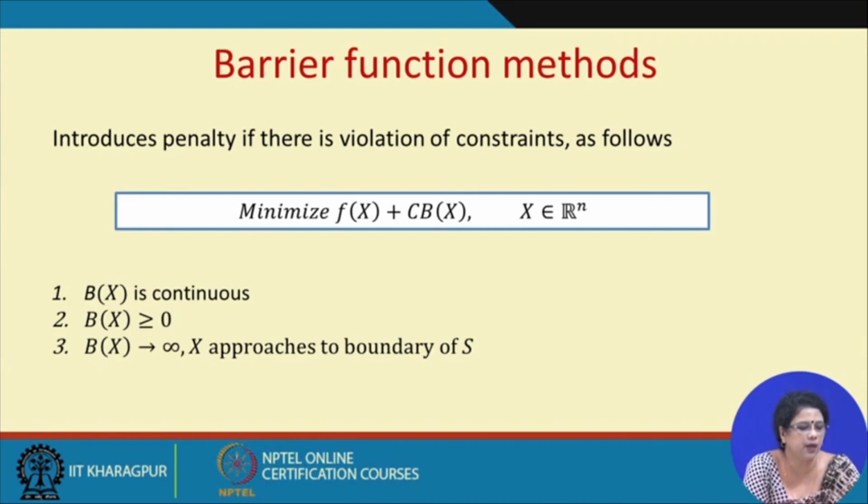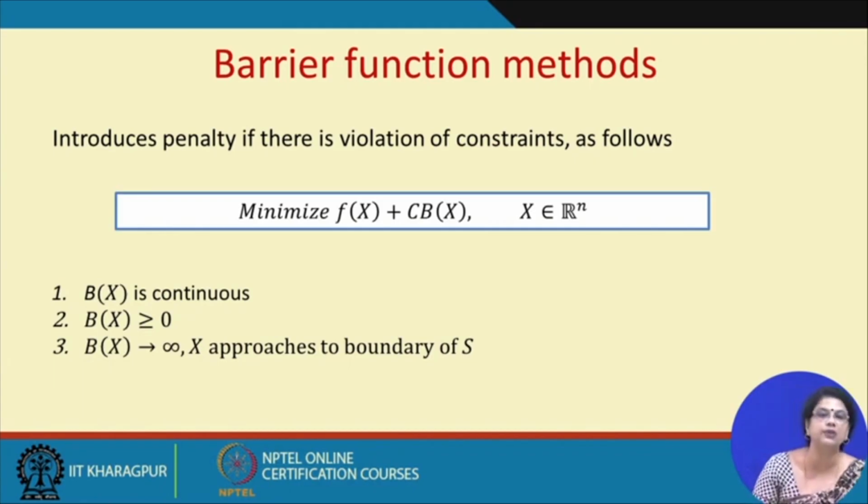Now, whenever we write minimization of f(x) plus c B(x), we are not restricting x to the feasible space. You must have seen that we are considering x in Rn, because for points outside the feasible space, B(x) will be 0, but once it is within the feasible space, then B(x) is positive.